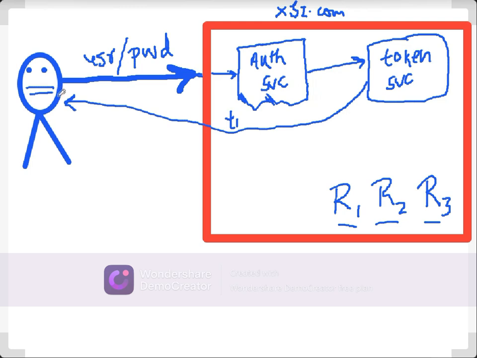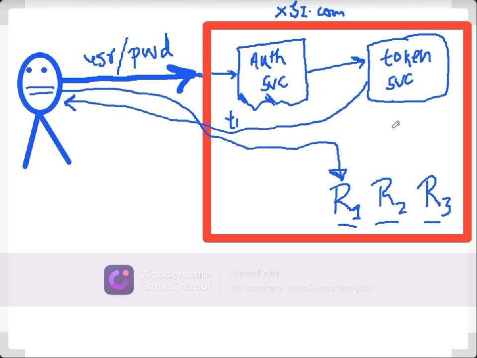Now when this user makes further requests, this T1 comes together with them, because authentication is now done. Based upon this token, we handle the further requests. Let's say this user makes another request, and he has the authorization to access R1. Whenever any user tries to access R1, they have to provide the token.